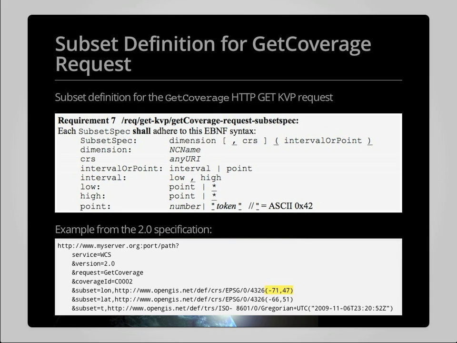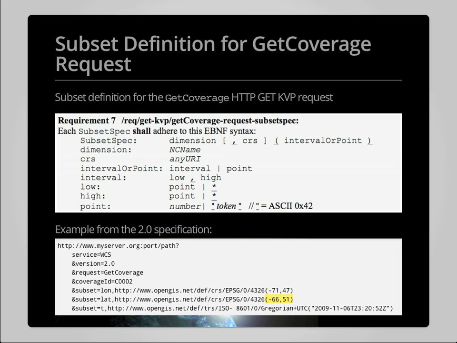We have a second subset parameter here with a name of lat, with a URI that defines the coordinates that are going to be provided as being in the EPSG 4326 coordinate reference system. And then again, the value corresponding to that pair of latitudes.